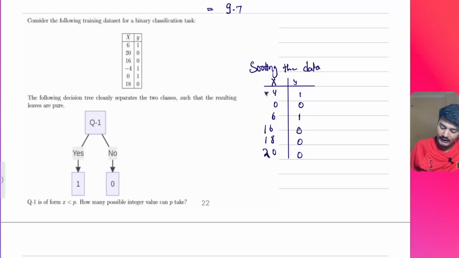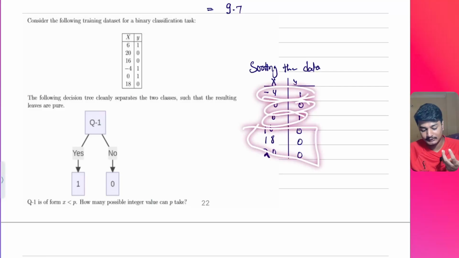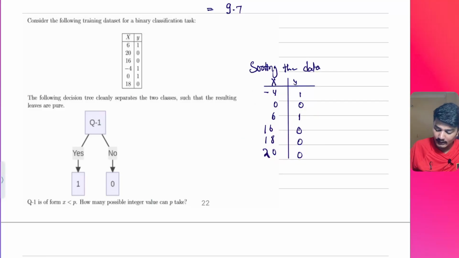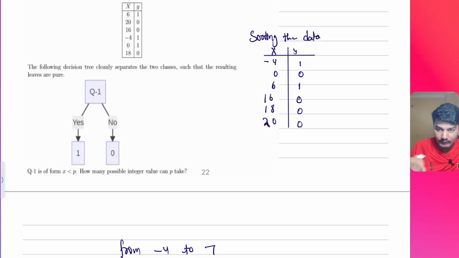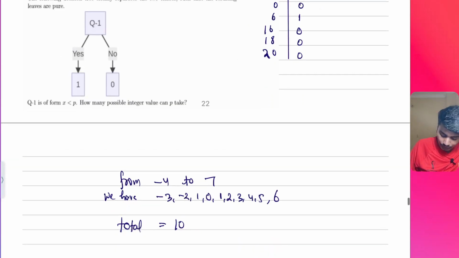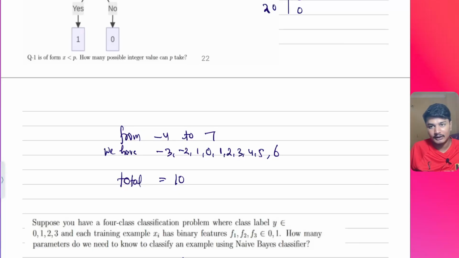So what I did first, I sorted it in ascending order. I can check that for minus 4 it is 1, for 0 it is 0, for 6 it is 1, and for greater than 6 it is 0. So I know that for x greater than 6 it will be no, correct? And for 1 it is 4 to 7.